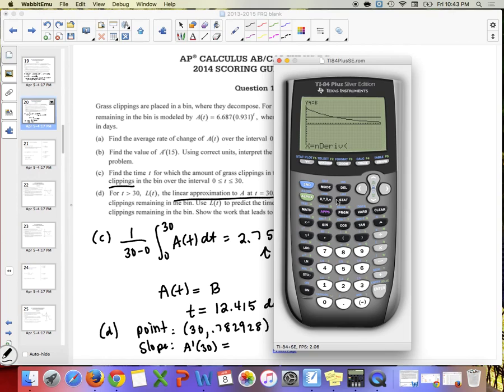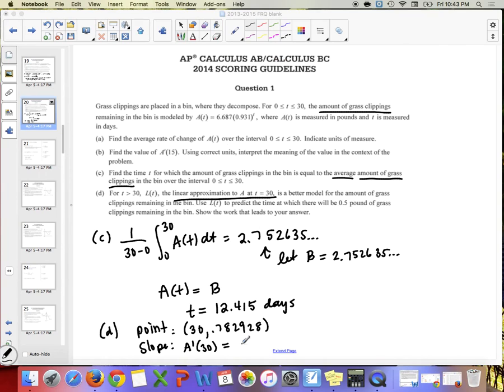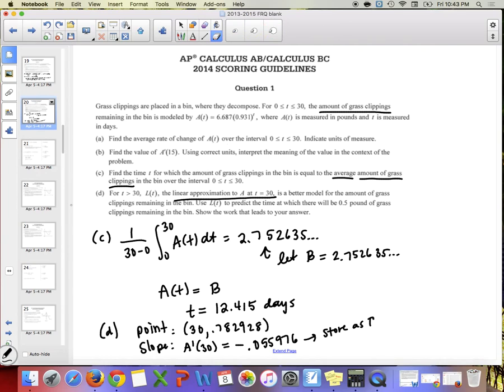So math 8, oops, clear. Let me get out of here. Math 8 vars, y vars function, y1, and we're evaluating it at x equals 30. So we get that value, and we could probably store that. So we'll store it just in case, alpha c. So I have negative 0.055976, and I've stored it as c, I think.